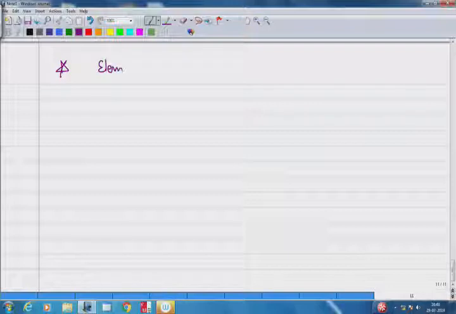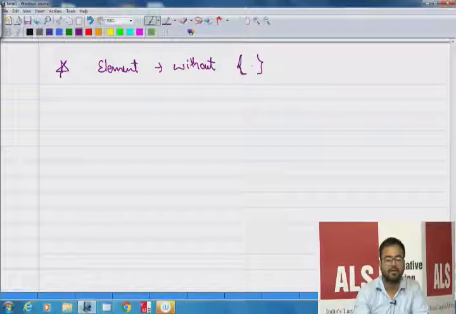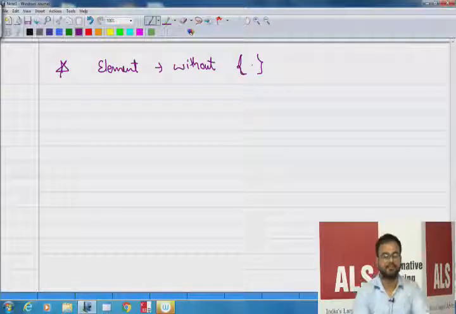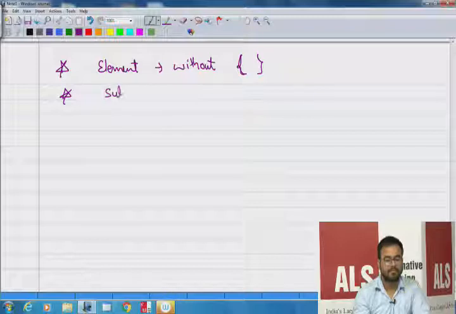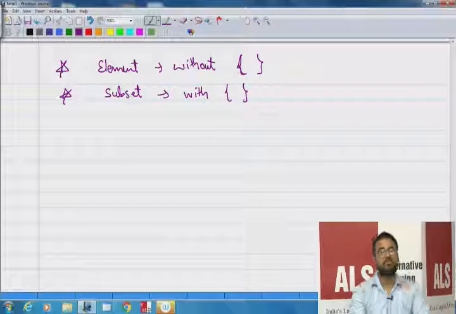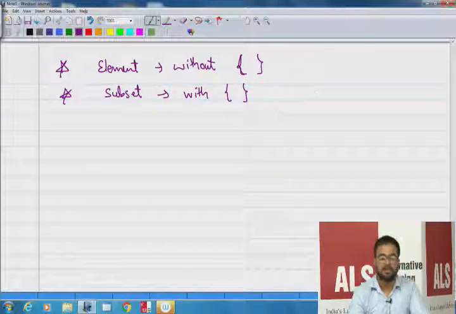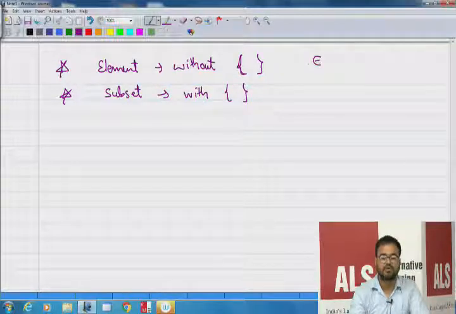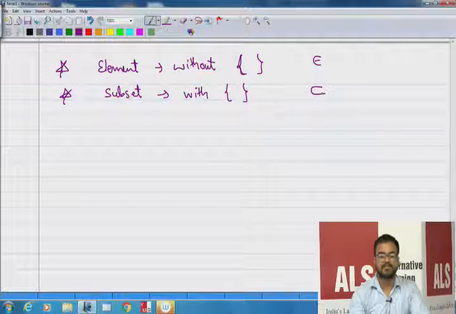Whenever we are writing an element, it is always written without curly braces, and a subset is always written with curly braces. For the element we use the symbol belongs to, and for the subset we use this symbol.